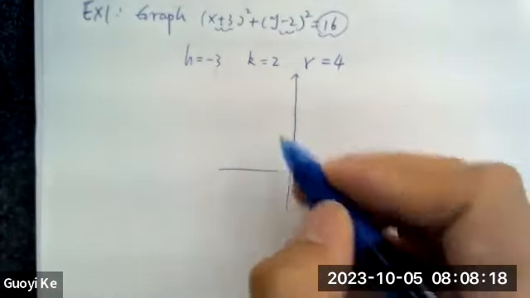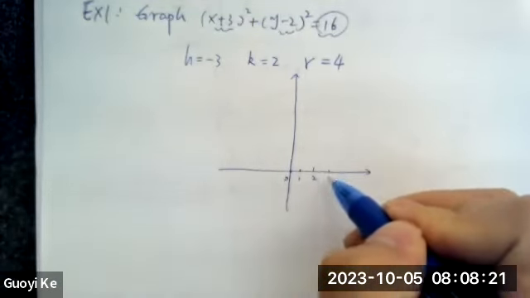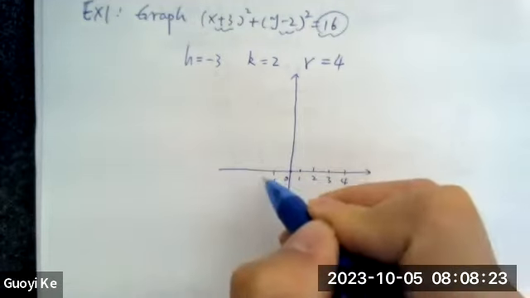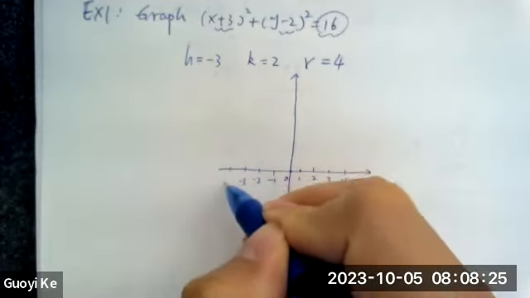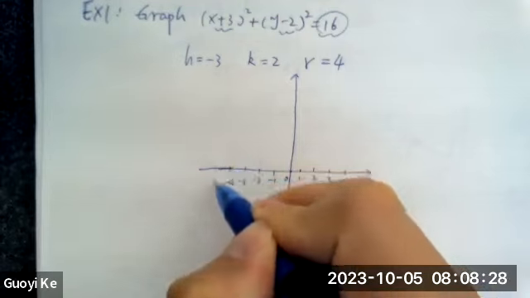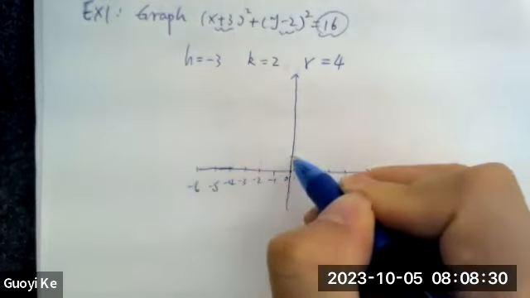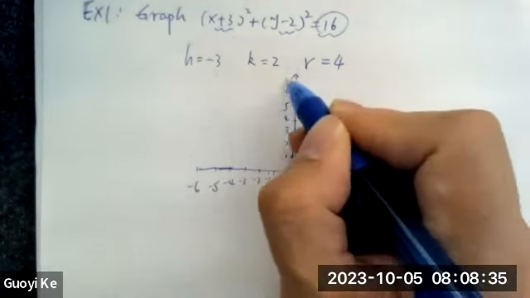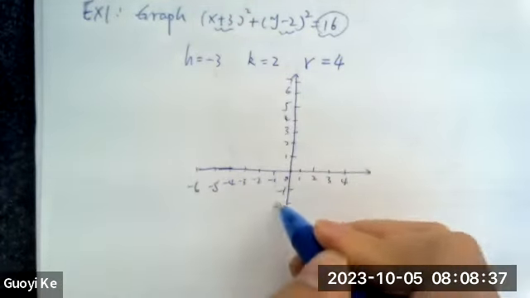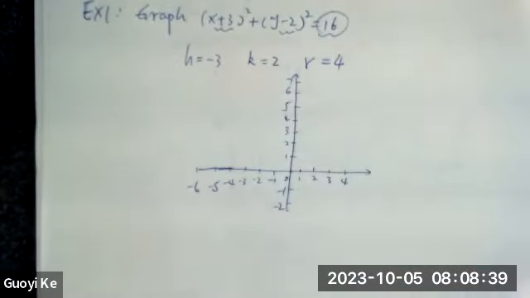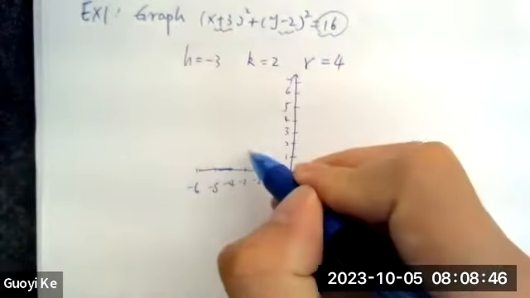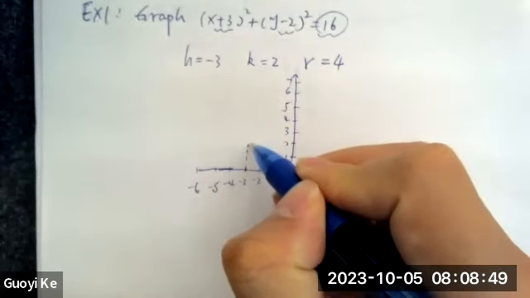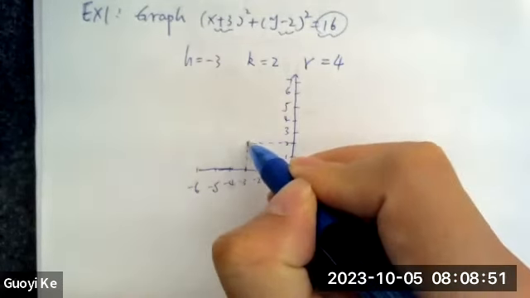So first of all, we can draw the coordinate system. Okay, and we know the center is (−3, 2), here, right?